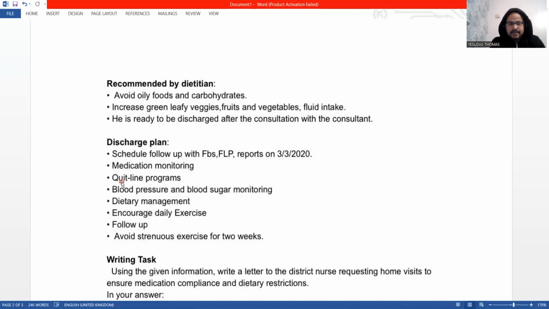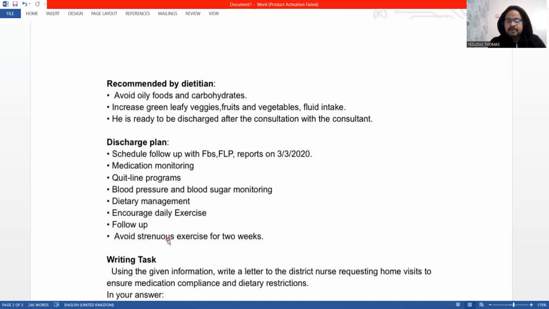So that's it. Now you can combine this with the daily exercise, and for the first 2 weeks, no strenuous exercise, so you have to add that too. So you can combine that in a better way. And we have a scheduled follow-up on 3rd March 2020 with his FBS and lipid report.